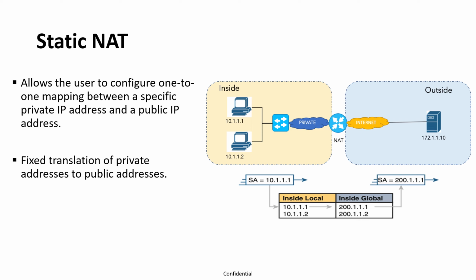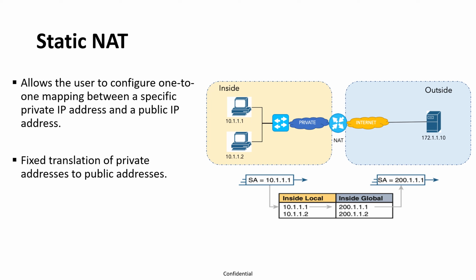Let me take a scenario where the router named NAT at the end of the enterprise network is connected to the internet. As you can see here, a host in the enterprise wants to connect with a remote server on the internet. The remote server IP is 172.1.1.10 and the host IP addresses are 10.1.1.1 and 10.1.1.2.